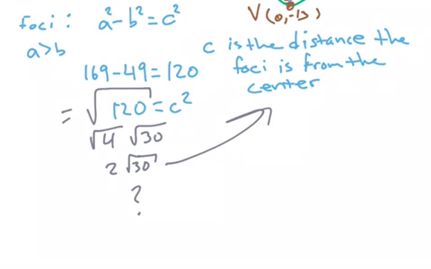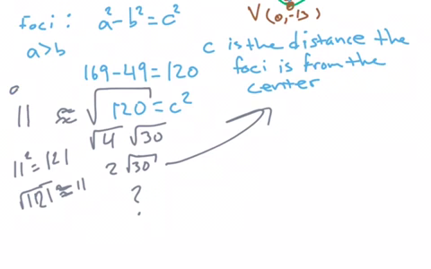Well, we know 11 squared is 121, so the square root of 121 is 11, which means the square root of 120 is going to be almost 11. Okay?